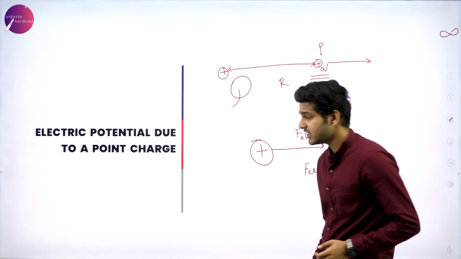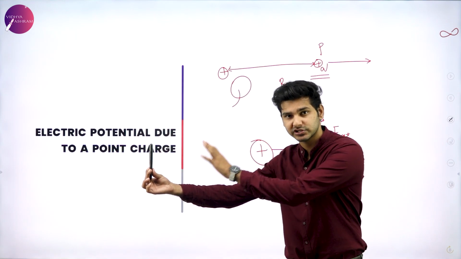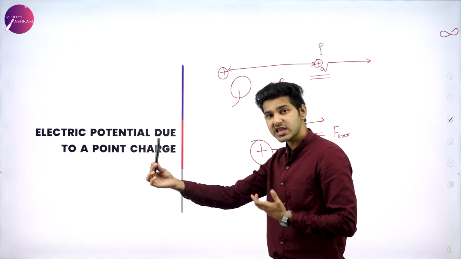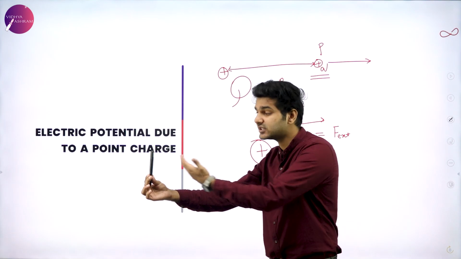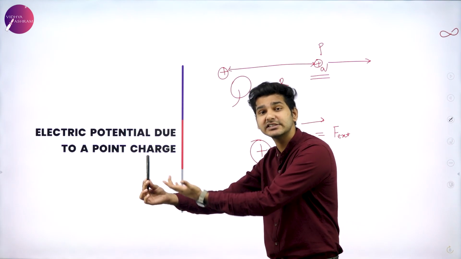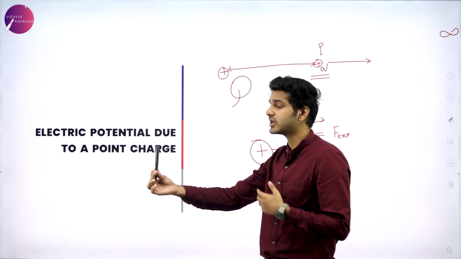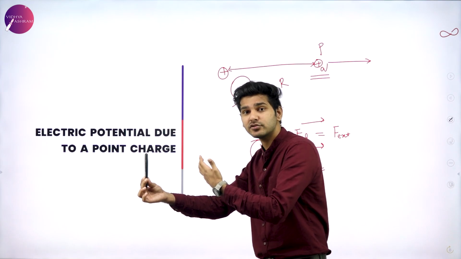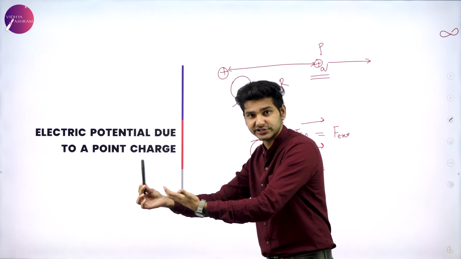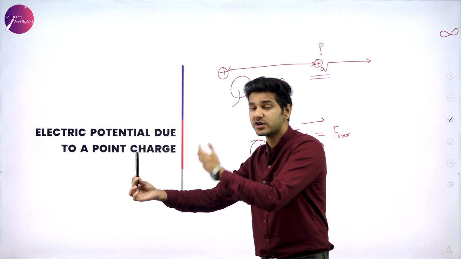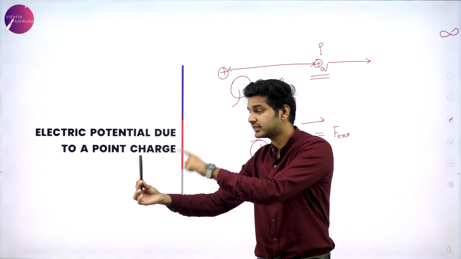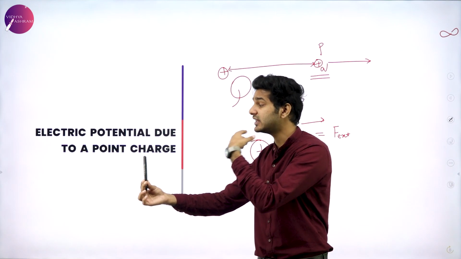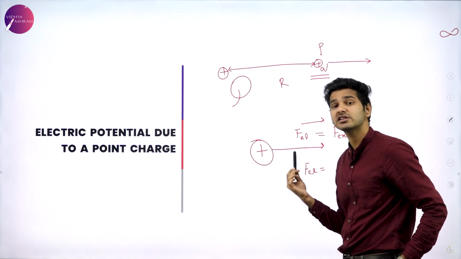Again, imagine there is a positive charge. In order to stay here, I have to apply an equal amount of force to balance the repulsive force offered by this particular point charge. In order to get closer, I have to overcome that force and provide more force, or do more work. But to stay here, I have to do an equal amount of work as the repulsive force, in this case the electric force, is doing.